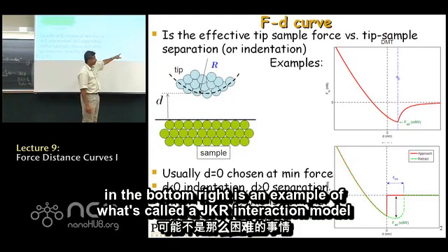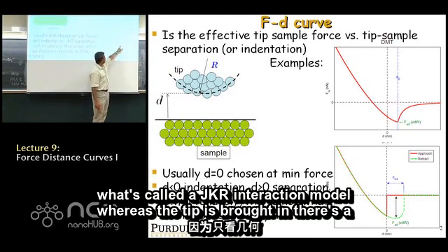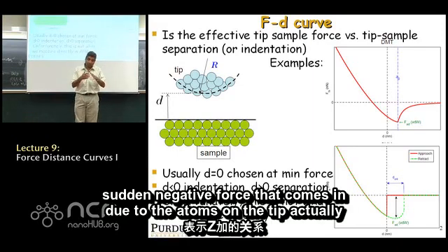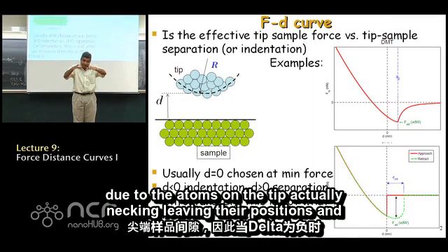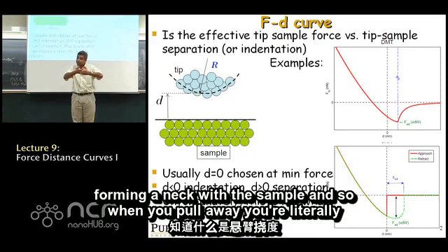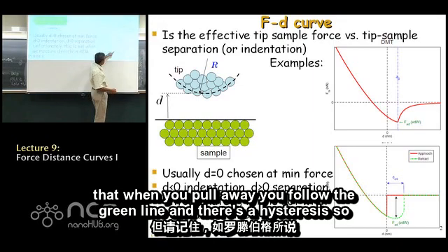What you see in the bottom right is an example of what's called a JKR interaction model, where as the tip is brought in, there's a sudden negative force that comes in due to the atoms on the tip actually necking, leaving their positions and forming a neck with the sample. When you pull away, you're literally breaking these bonds, so you follow the green line, and there's a hysteresis.